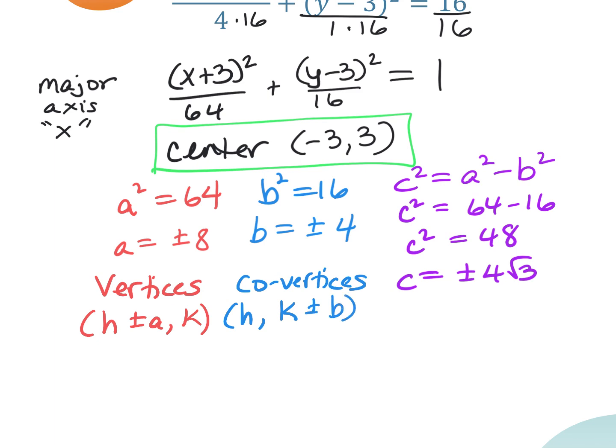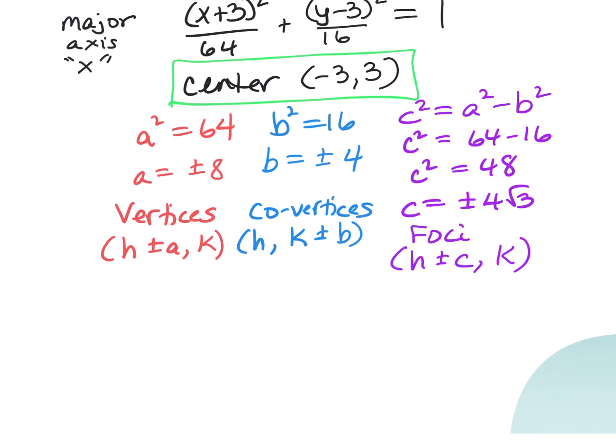And then for the foci, it's on the major axis, so it's going to be h plus or minus c, comma k. If this helps you to write it down like that, you can. So let's go ahead and fill them in.